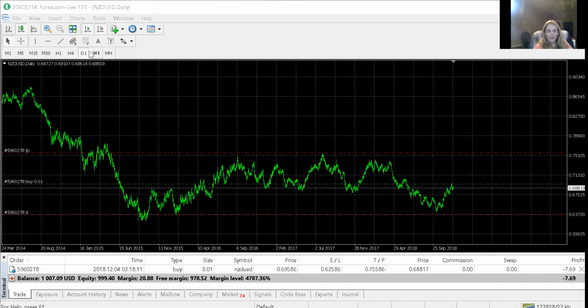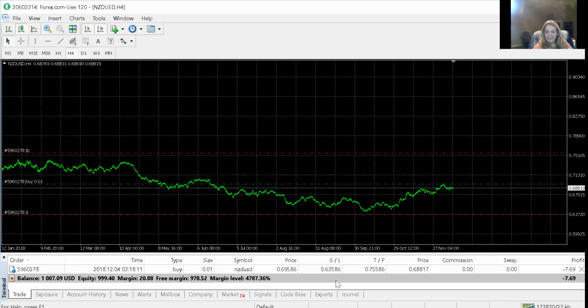My stop loss is 0.63586. My take profit is 0.75586. So what has changed is my stop loss is at 6,000 pips or negative $60. My take profit is also at positive 6,000 pips or $60, as you can see here.